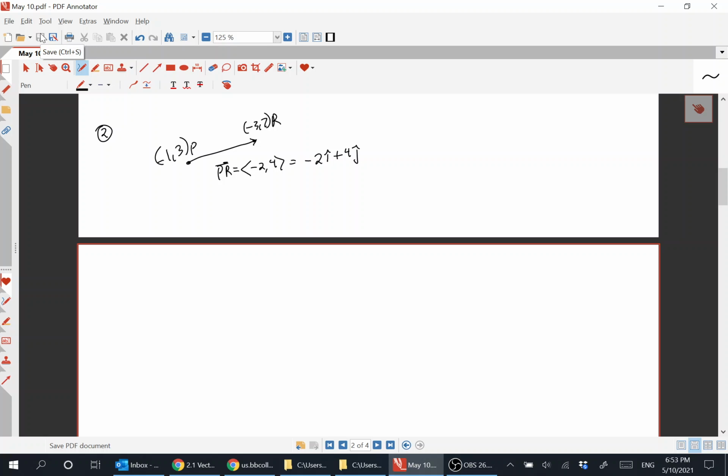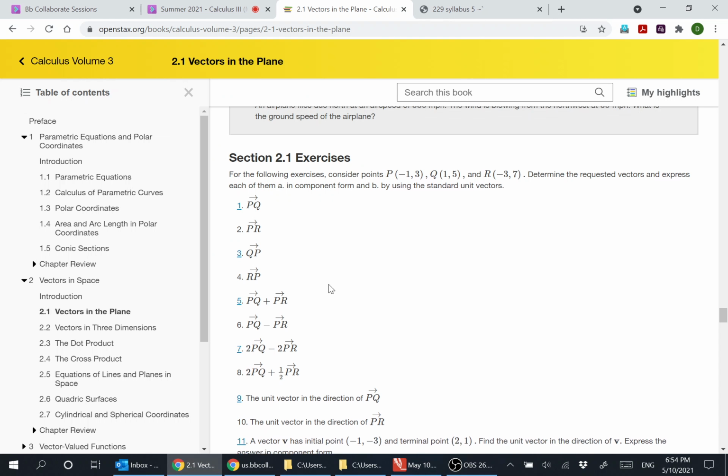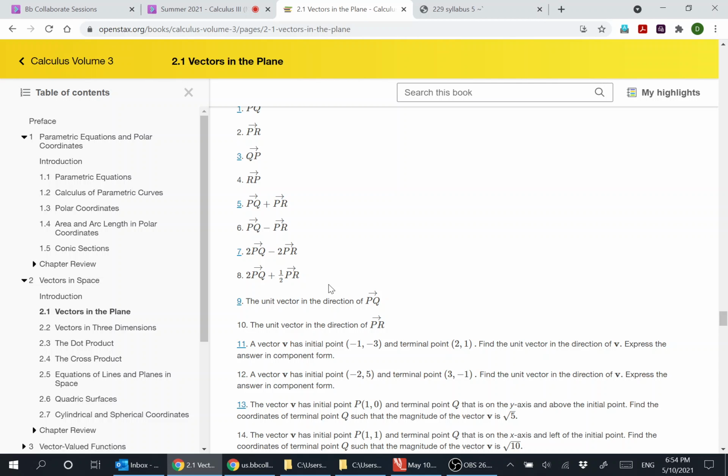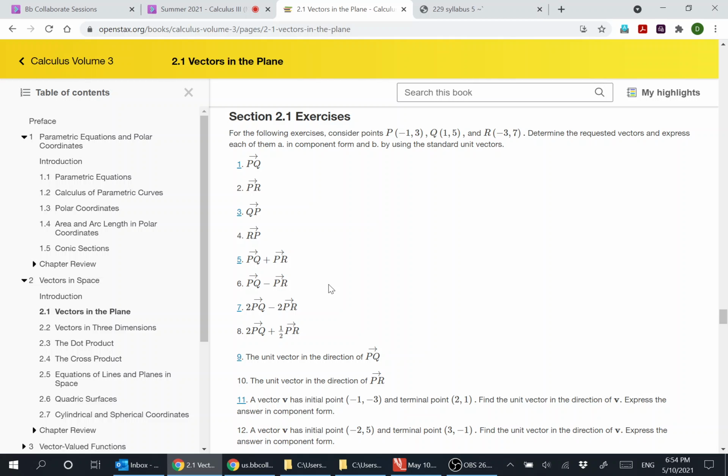Number 11. Well, let's take a look at numbers 9 and 10, since we've already done 1 and 2. Number 9 asks for the unit vector in the direction of PQ.